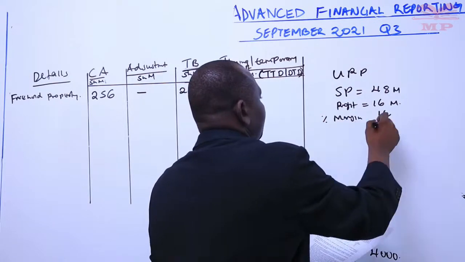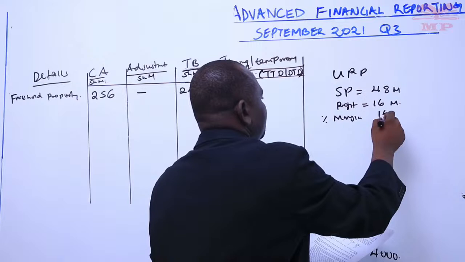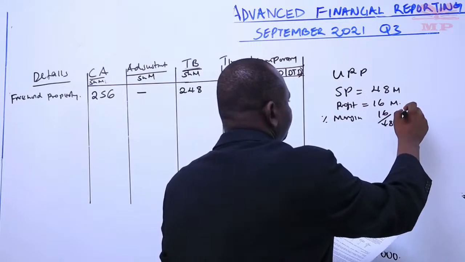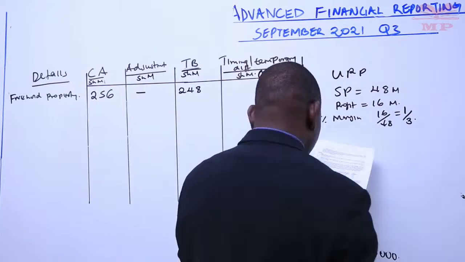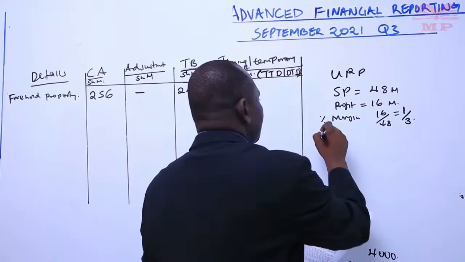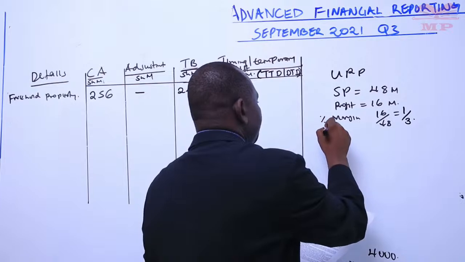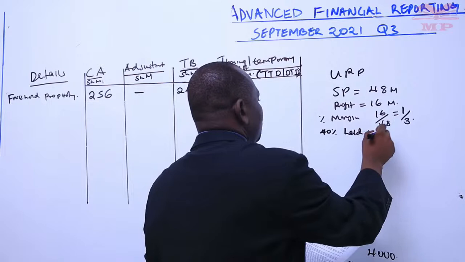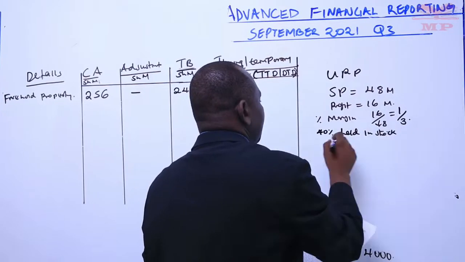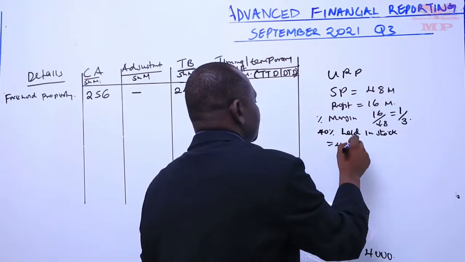That is 16 over 48, giving you 1 over 3. Then 40% of the goods held in stock, that is 40% times 48.